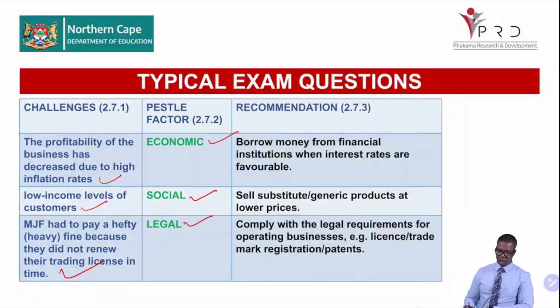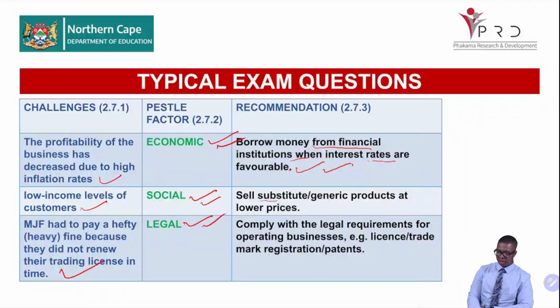So how to deal with each when you look into an economic factor? If a business, for instance, would want to borrow money during high inflation, they should borrow money from financial institutions when the interest rates are favorable. That is correct. Then social, a business is suffering because now customers are not having high income levels.